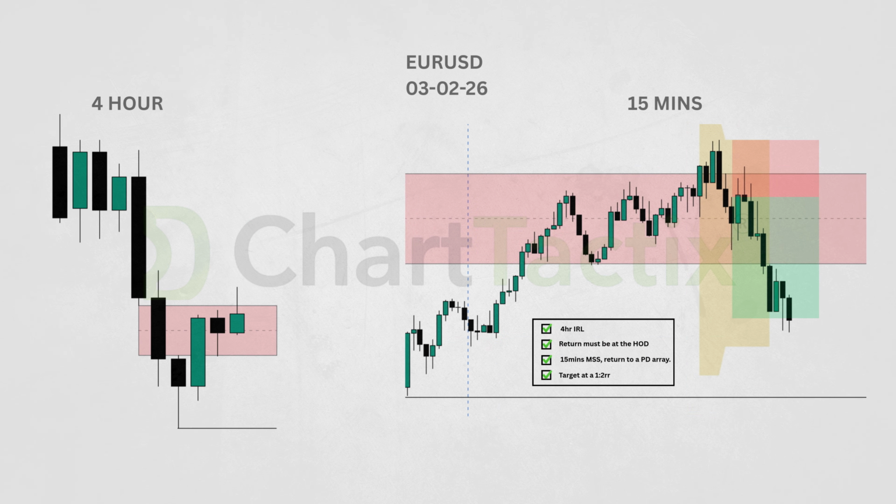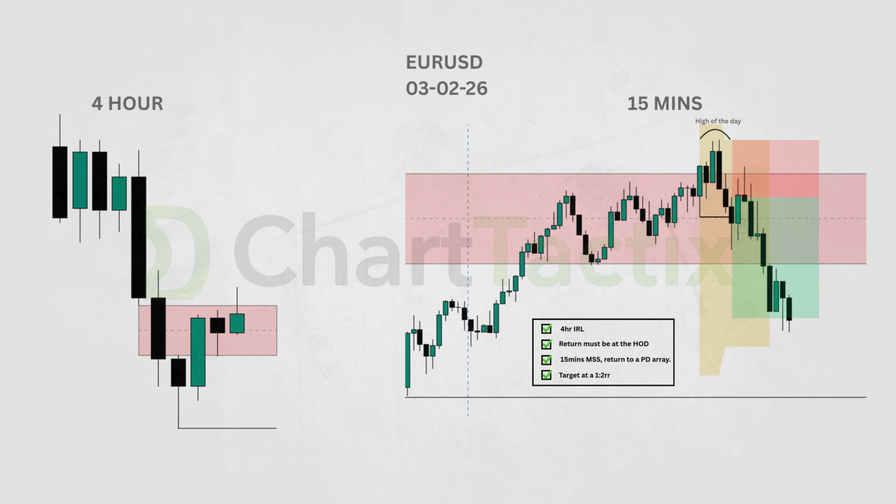Now the 3rd of February 2026, again 4-hour internal range liquidity, price returned at the high of the day. We waited for the 15-minute market structure shift. Price returned to a PD array, which became our entry, and we target a 1-to-2 risk-to-reward ratio. It played out exactly as expected.